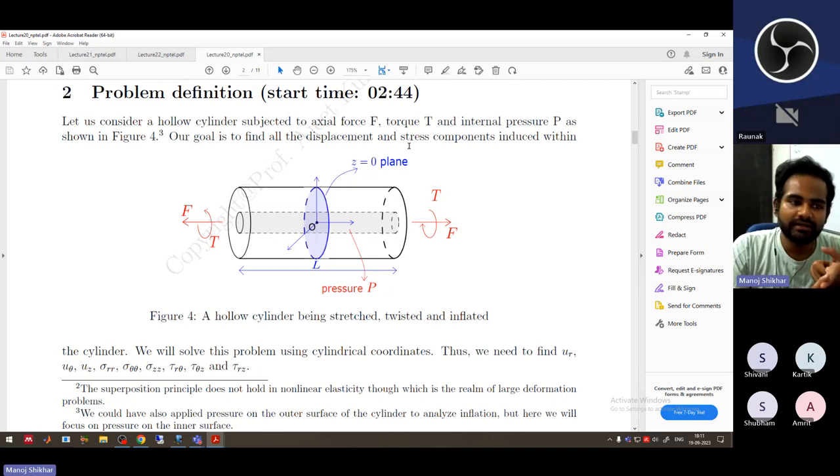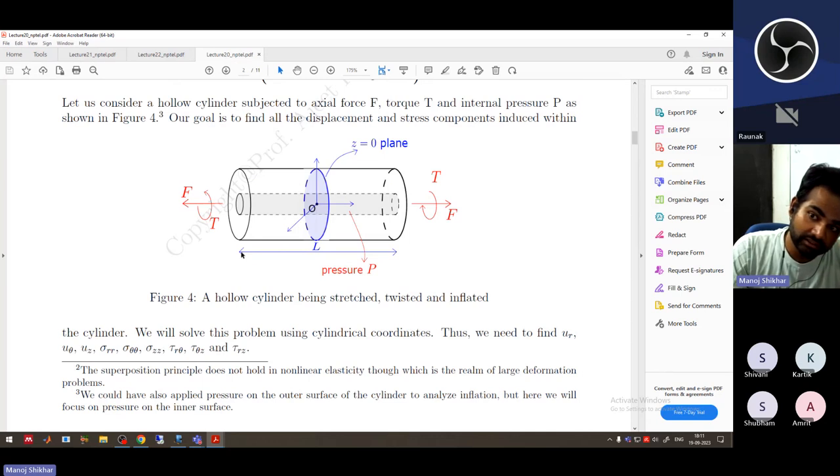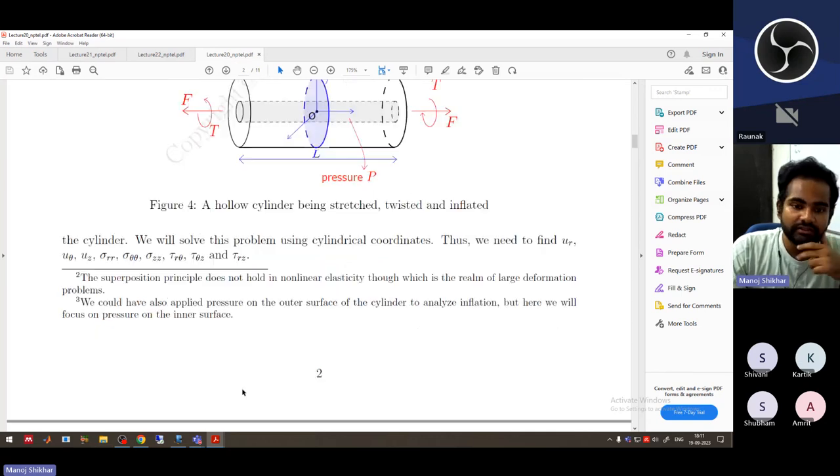If the stress matrix is symmetric, there will be 6 independent components: 3 diagonal components and 3 off diagonal components. So a total of 9 unknowns are there.